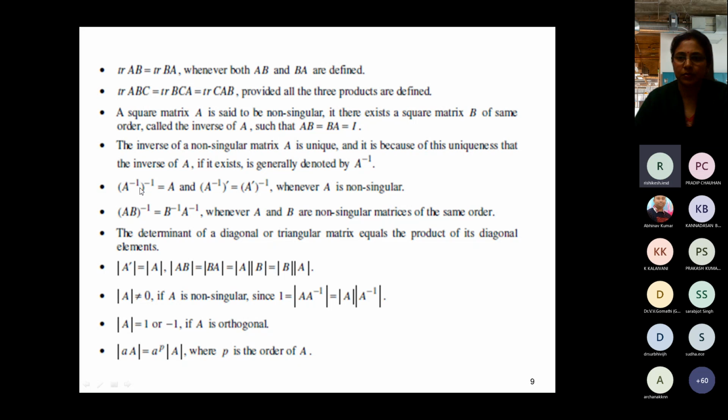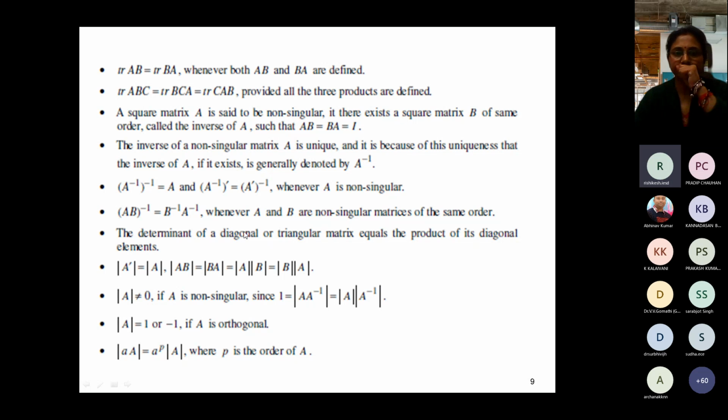Now the inverse of the inverse will be the same matrix. The transpose of the inverse matrix will be the inverse of its transpose, where A is non-singular. If AB is the product and we take its inverse, it will be equal to B inverse A inverse, whenever A and B are non-singular matrices of the same order.